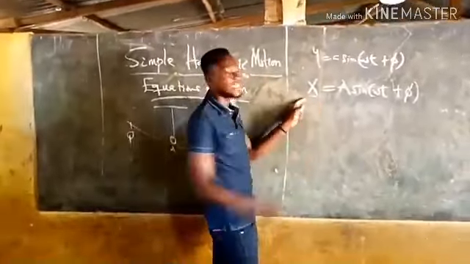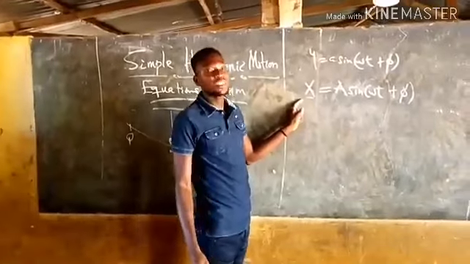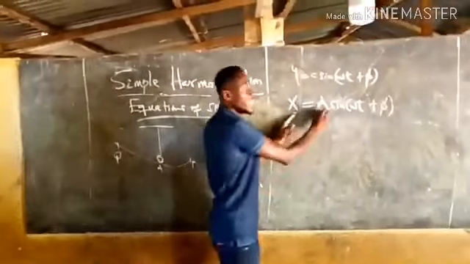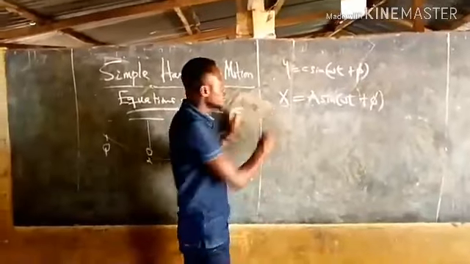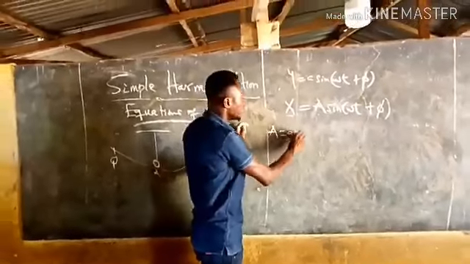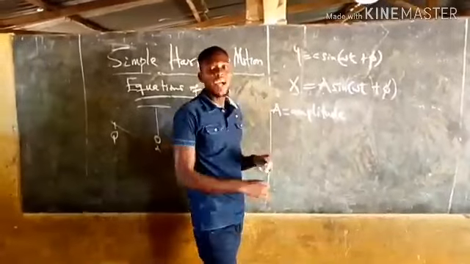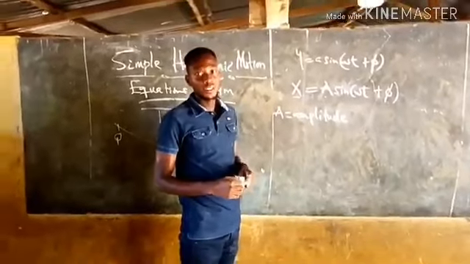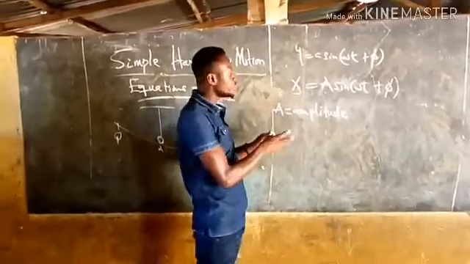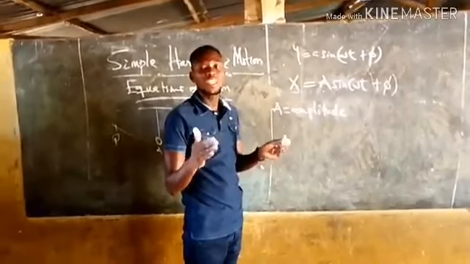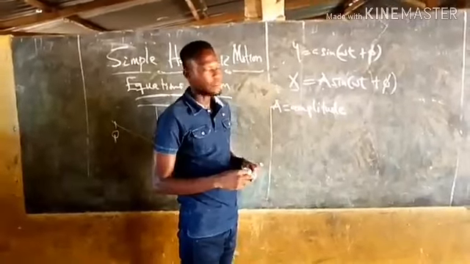This x represents the displacement of a body undergoing simple harmonic motion. This A is called amplitude. Amplitude simply means the maximum displacement covered. I'm repeating, amplitude refers to the maximum displacement covered by the body.